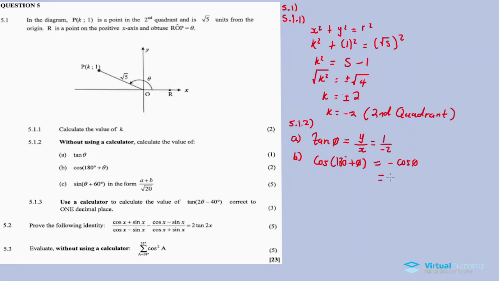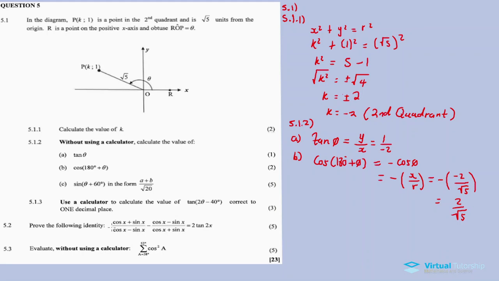We keep the minus, and cos is adjacent over hypotenuse. So this is equal to minus the x value, which is minus 2, divided by the radius, which is square root 5. So our answer is 2 over square root 5.